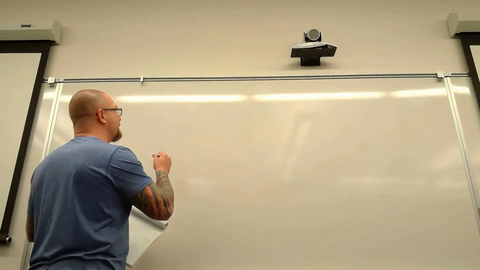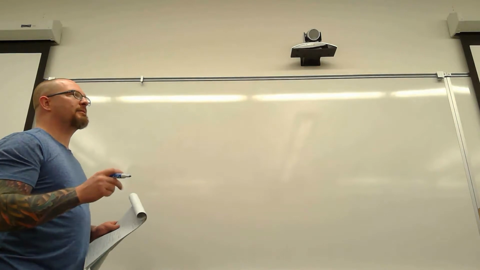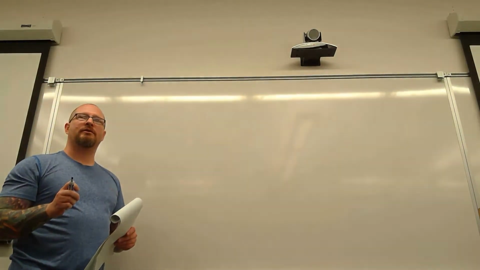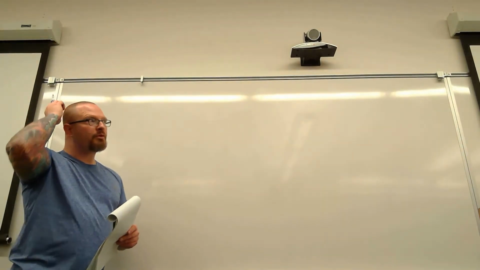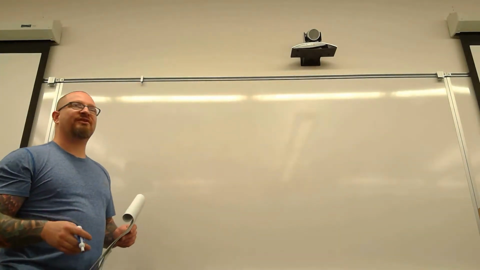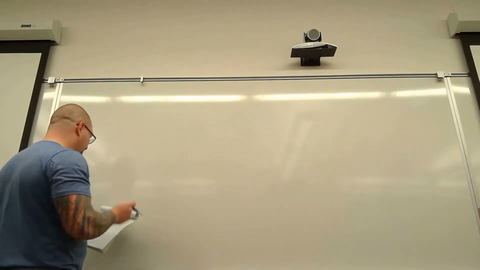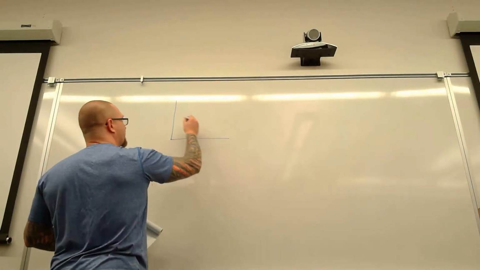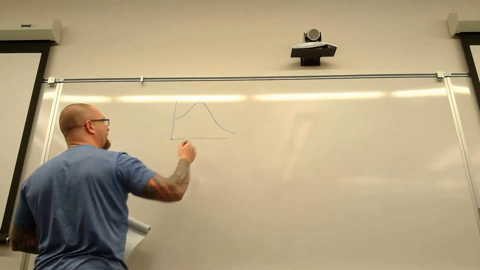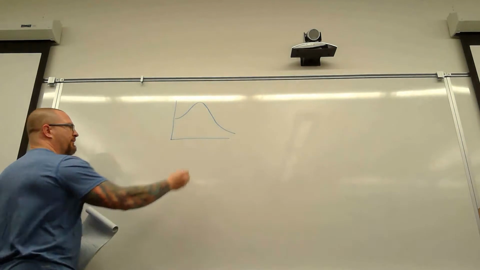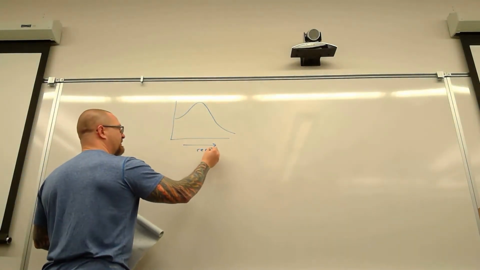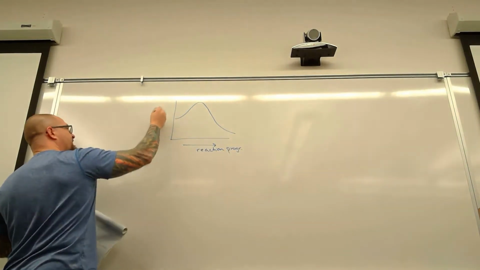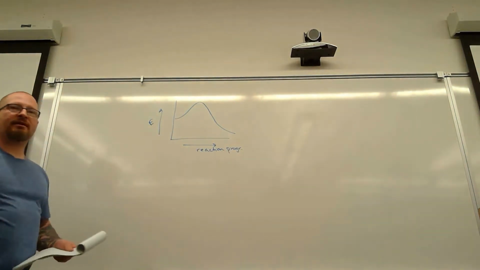So let's talk about the structure of transition states, and some of the theory about how we predict what a transition state looks like and why it might form more rapidly. So if we are looking at a reaction coordinate diagram, and this is reaction progress, and this is increasing energy.